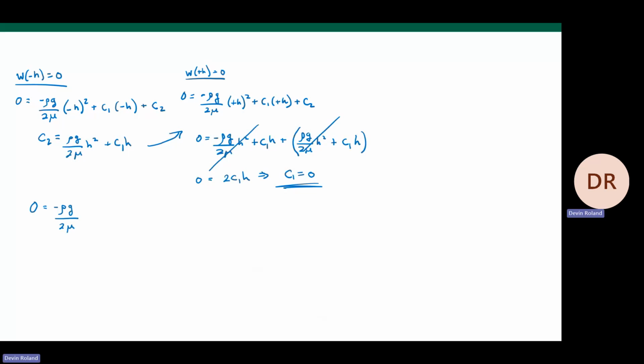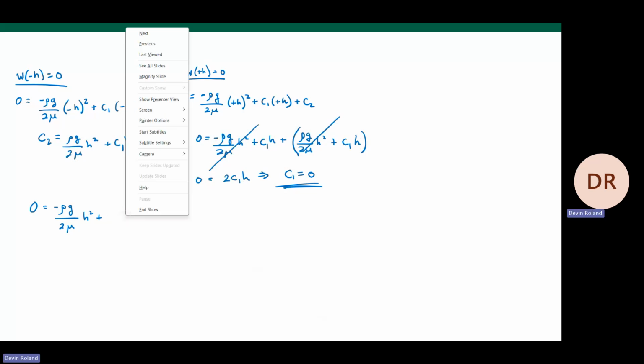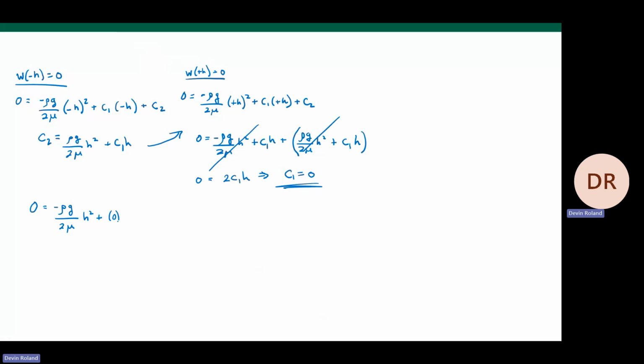So we have negative rho g over 2 mu h squared plus 0 times h, because C1 is 0, plus C2.